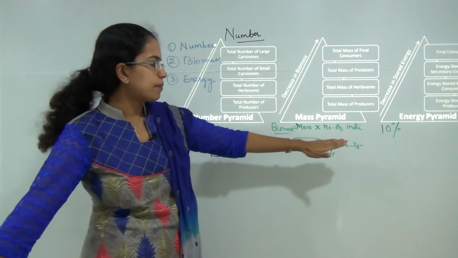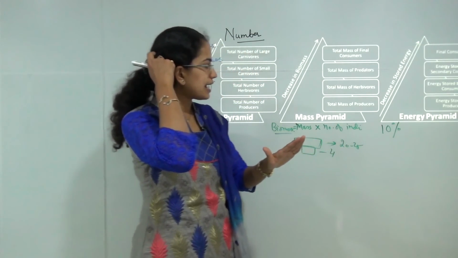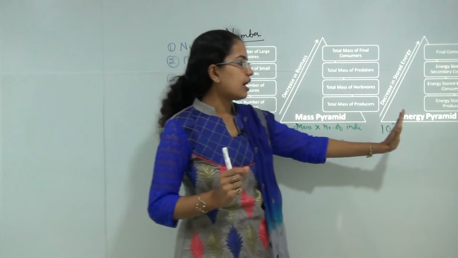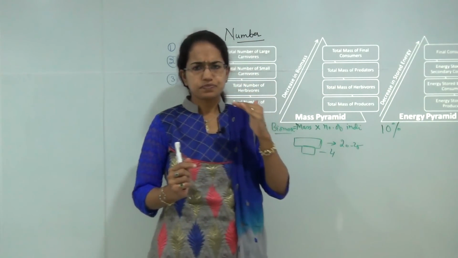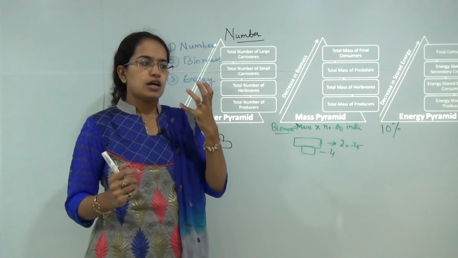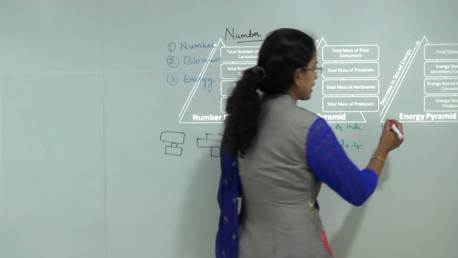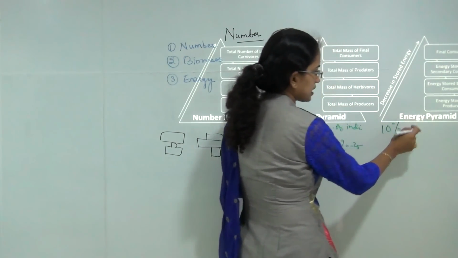Now how can we apply second law of thermodynamics to energy pyramid? Under second law of thermodynamics, we say whenever energy is changed from one form to another, the proportion of usable energy is lost. And this is very clear from this energy pyramid.